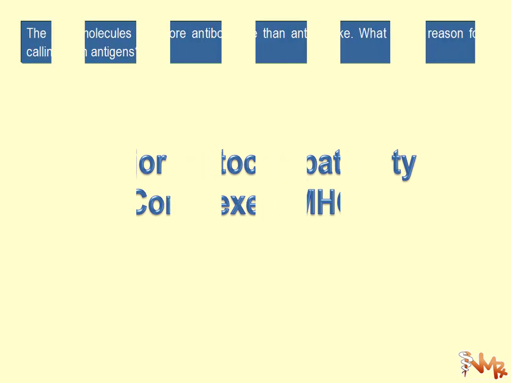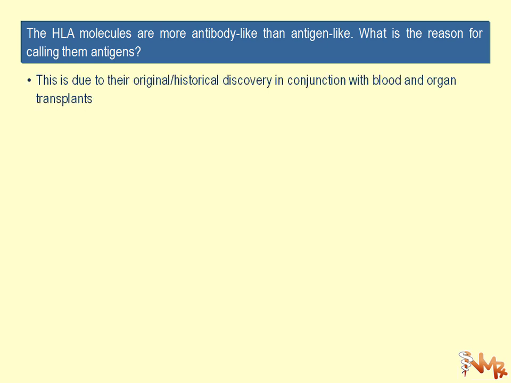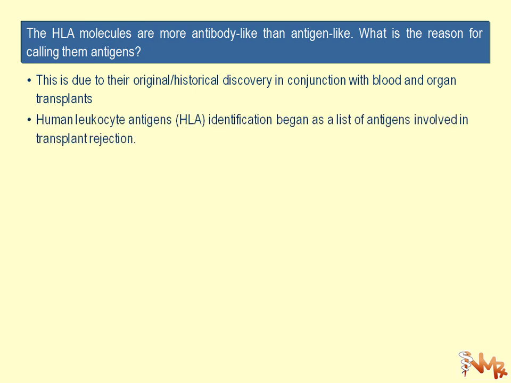The HLA molecules are more antibody-like than antigen-like. What is the reason for calling them antigens? Well, this is due to their original historical discovery in conjunction with blood and organ transplantation. Human leukocytic antigens identification began as a list of antigens involved in transplant rejection historically.